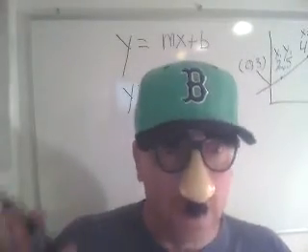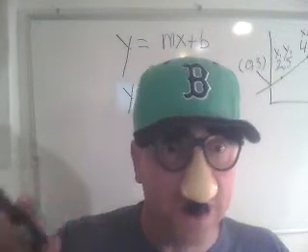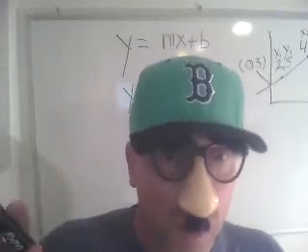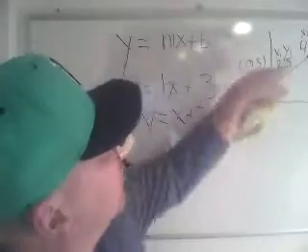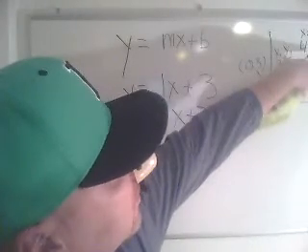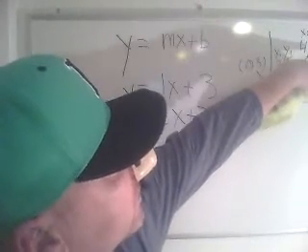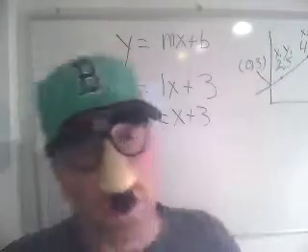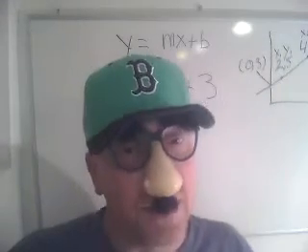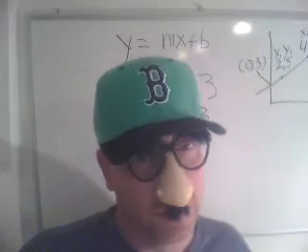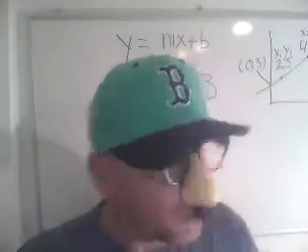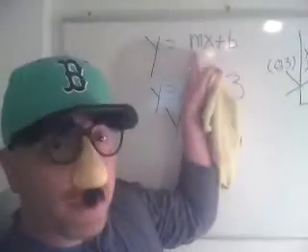Again, we divided the difference between the y-coordinates of those 2 points by the difference of the x-coordinates. That gave us our slope, which is the same thing as m.